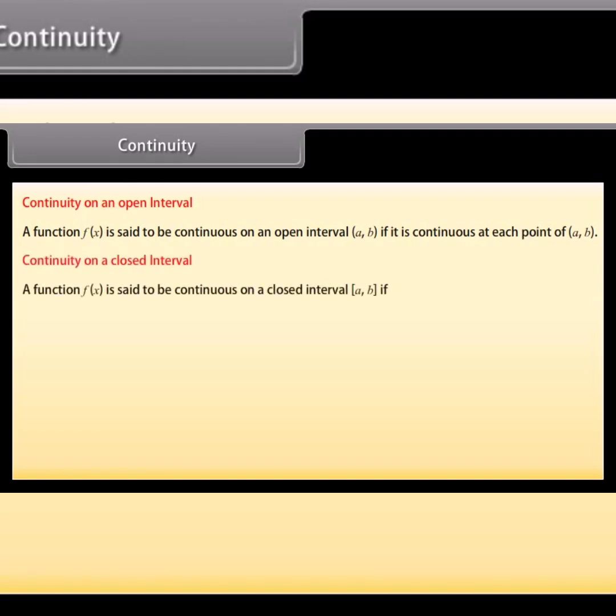A function f of x is said to be continuous on a closed interval [a, b] if 1. F of x is continuous from right at x = a. That is, limit h approaches 0 of f of a plus h is equal to f of a. 2.